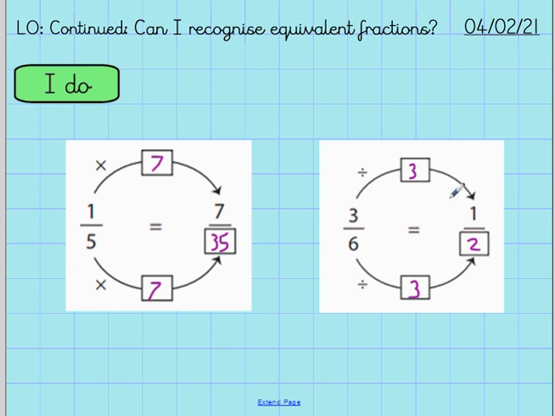Our equivalent fraction works both ways. So even if we've not got an image to represent today, we have created a rule. So we're using multiplication or division, and we're looking to see the relationship between these, and whatever you do to the numerator, you have to do to the denominator. Whatever you do to the denominator, you have to do to the numerator.